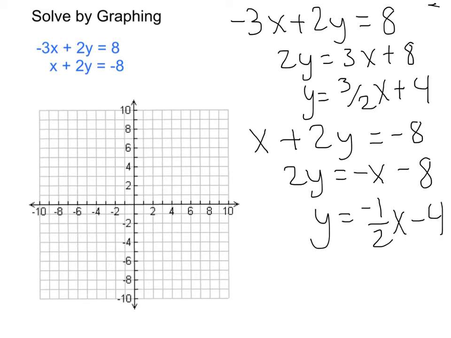Now that I have slope-intercept form for both of my lines, I'm going to graph them one at a time. I'm going to start with y equals 3 over 2x plus 4. My y-intercept is 4, and my slope is 3 over 2. I'm going to put a few points on my line.